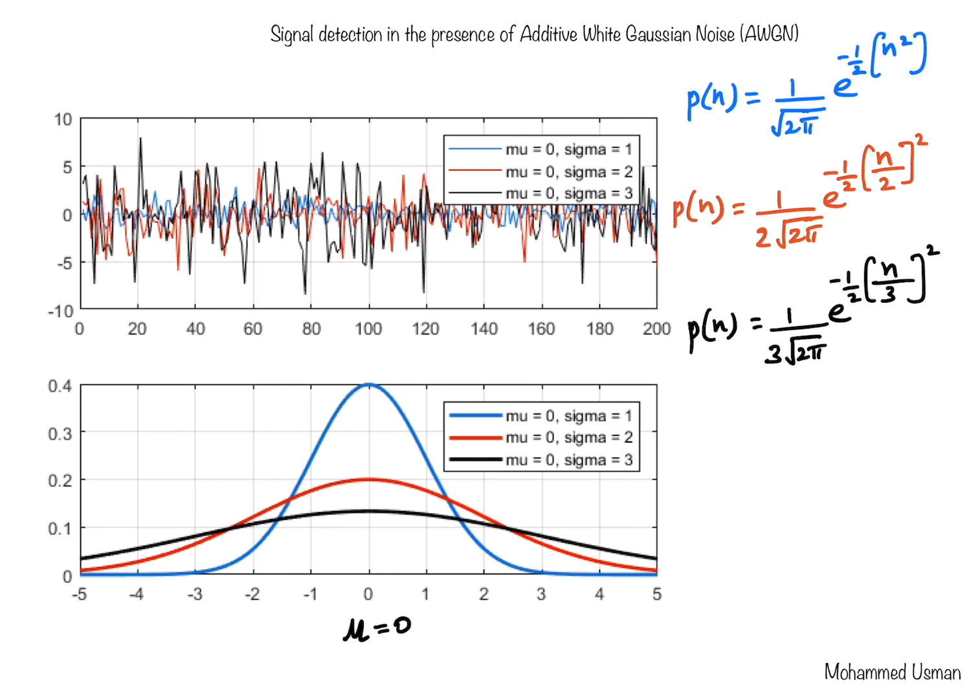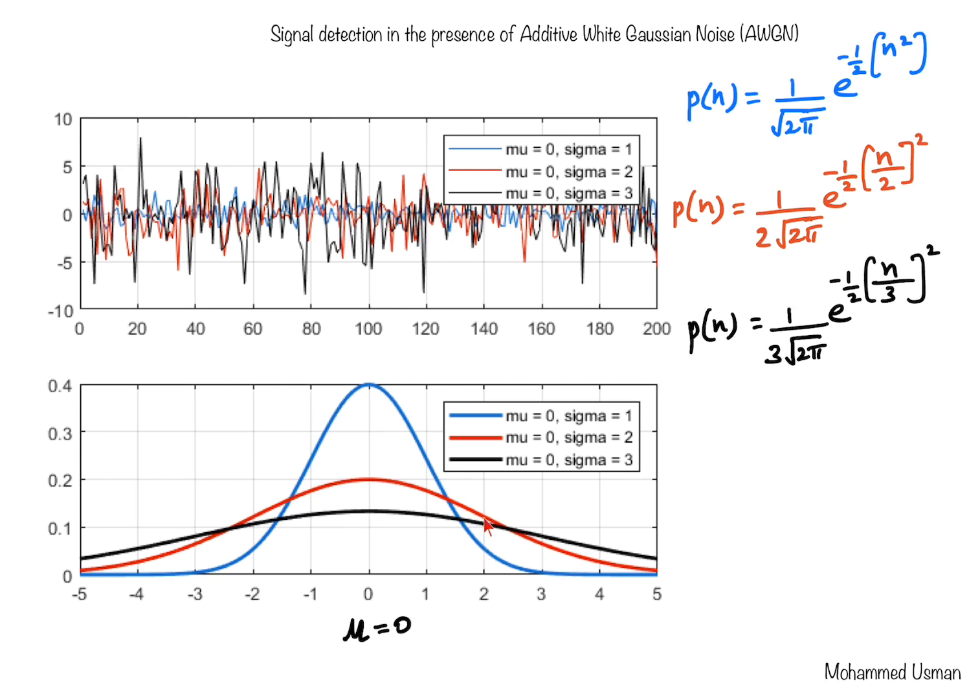So if we compare, let's say, the probability that the noise amplitude is 2 volt. For the blue PDF, the probability of the noise amplitude being 2 volt is around 5%, which is 0.05, right? The probability is 0.05 or 5%.